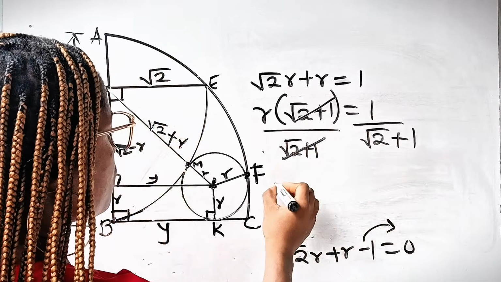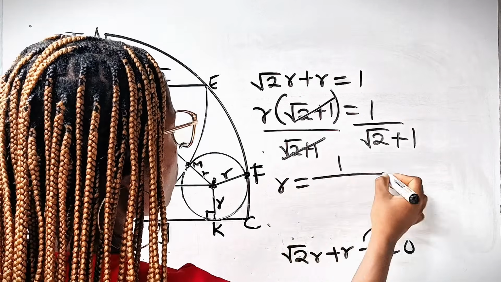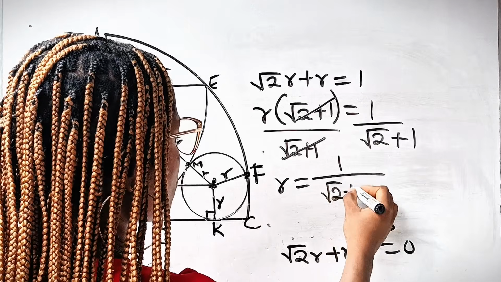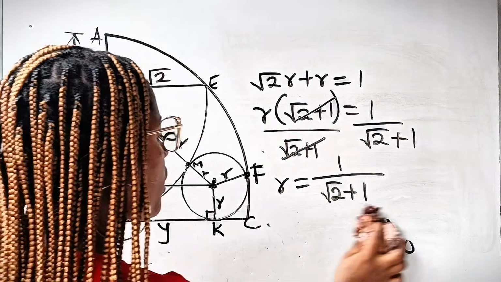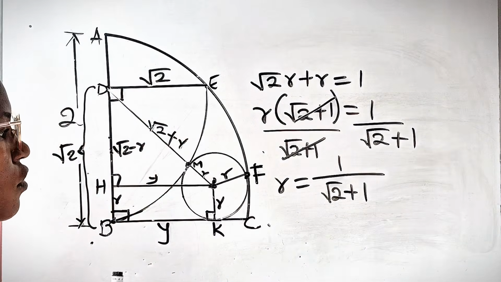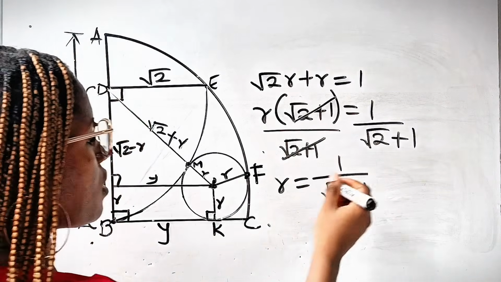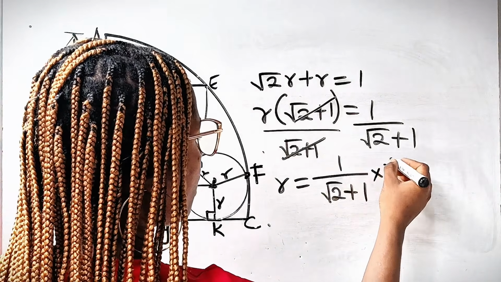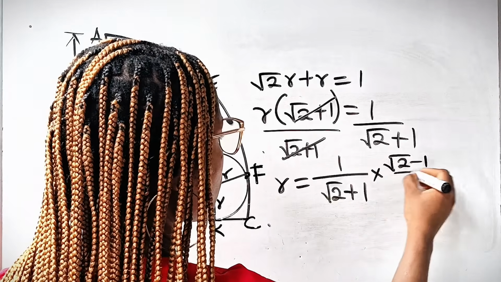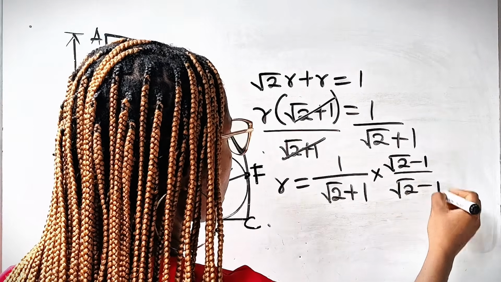So this will remove this. We have R is equal to 1 over root 2 plus 1. Now, if we rationalize this using the conjugate, we are going to multiply it by root 2 minus 1 over root 2 minus 1.